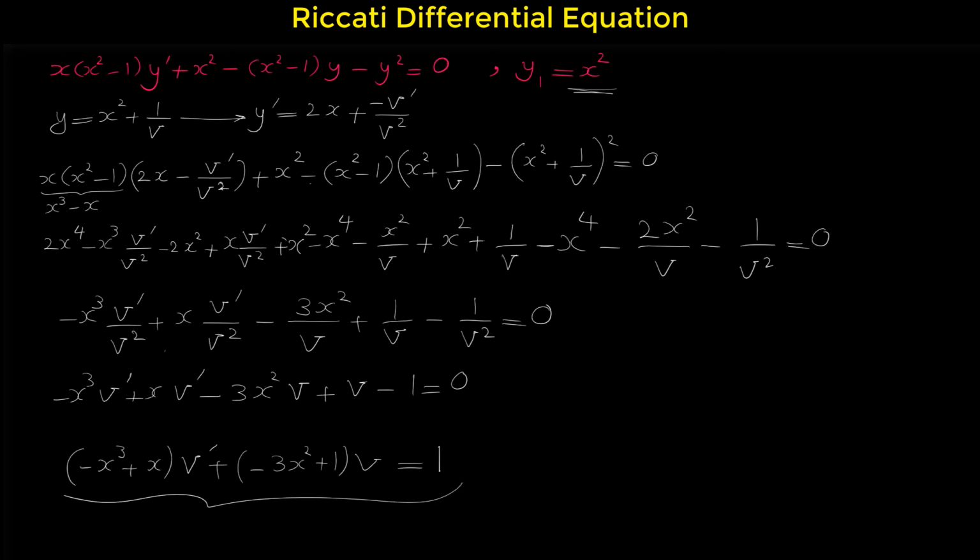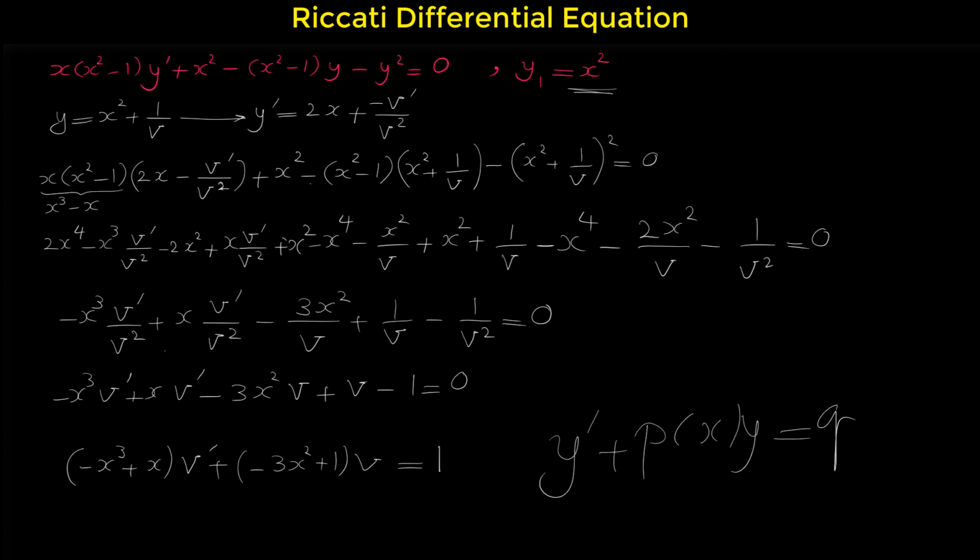Now this differential equation finally is a first order linear differential equation. This equation is in this form: y prime plus p of x y equals q of x. But actually we have to make the coefficient of y prime equal to 1, then it is in the standard form.